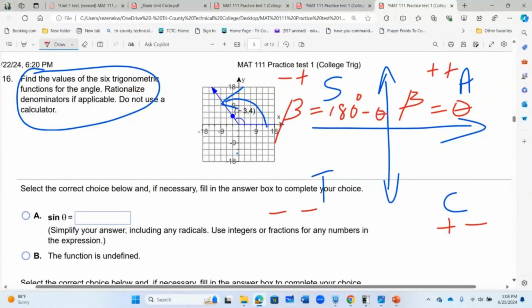Therefore, if I'm told to find the reference angle of 150 degrees, then 180 minus 150 is 30. Therefore, the reference angle is 30. That's it, and we're going to be solving problems now.